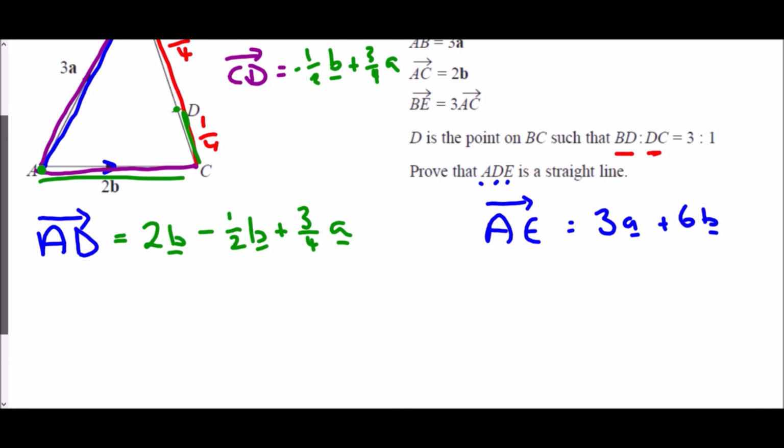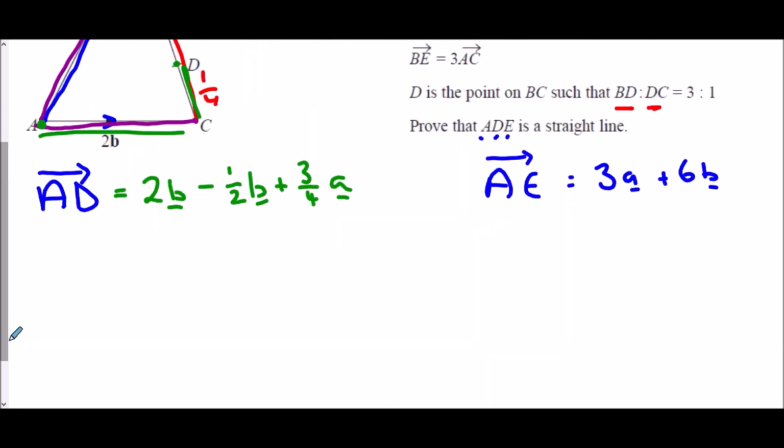I need to simplify that. So when I simplify, 2b take away a half b, well, that's 3/2b, and that's plus 3/4a.